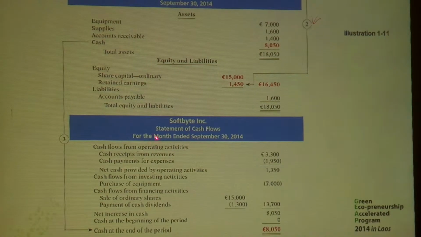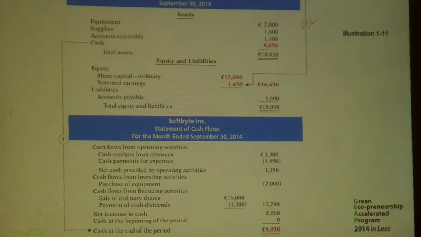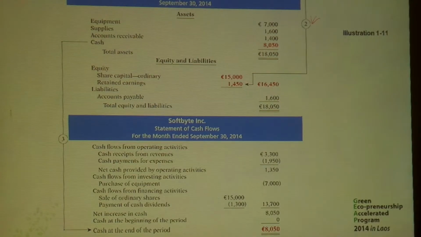As over here you said, this is a statement of cash flow, only cash flow. But my question is, what happens if the payment of cash dividend is more than the sale of ordinary shares? No, dividend cannot be more than the ordinary shares. Because if I get a lot of revenue, it could happen or not.